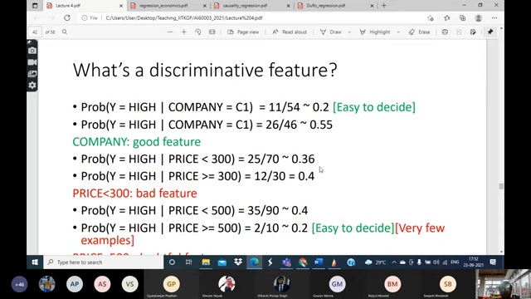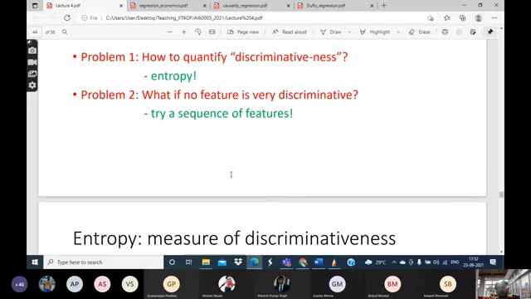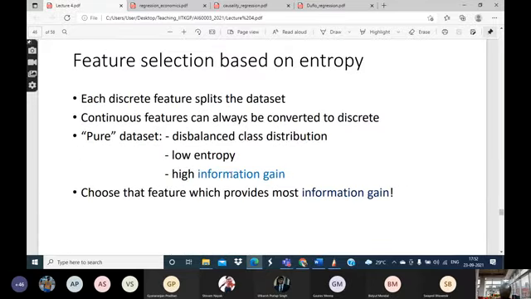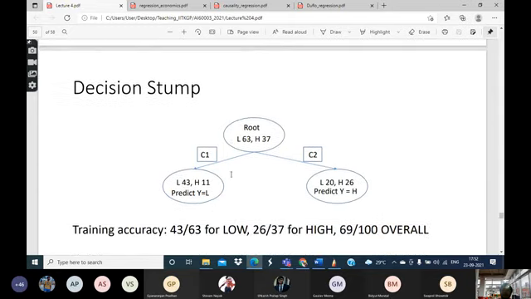If we consider price, whether the price is low or not, the probability of high rating remains unchanged. So we can say that price is not a discriminative feature, and so on. So the task here is to select those features which are discriminative, that is, which help me to predict the value of y.